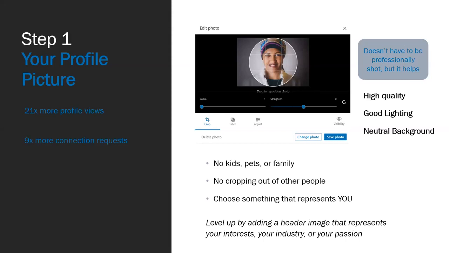But if you have a couple of years of experience, especially since employers are chasing experience, and you have, say, 5 years of experience but a graduation photo on your LinkedIn profile, there's a very big disconnect between what you're trying to convey and what your profile shows. So I would suggest that if you have more than, say, 2 or 3 years of experience, you do not use your graduation photo as your profile picture.